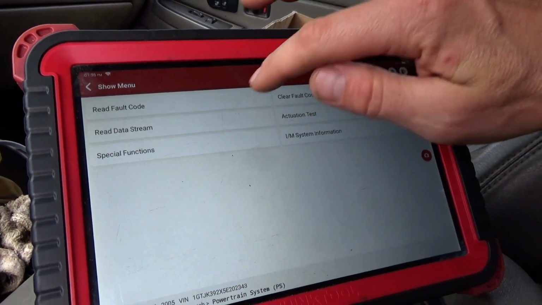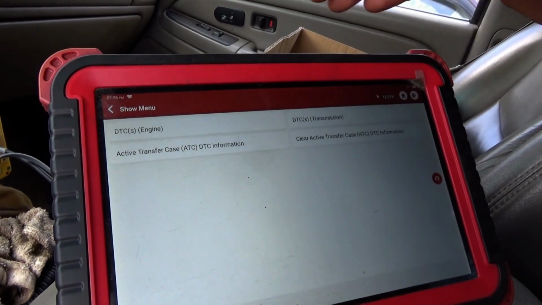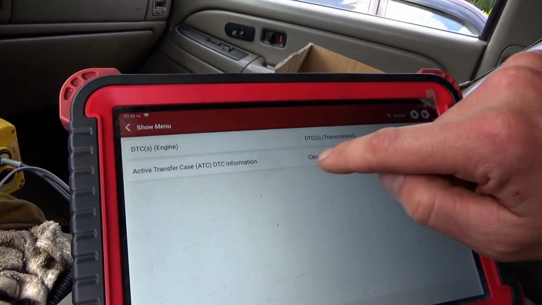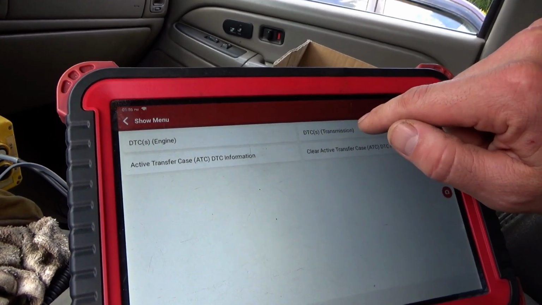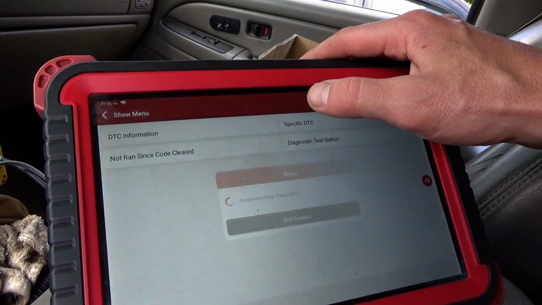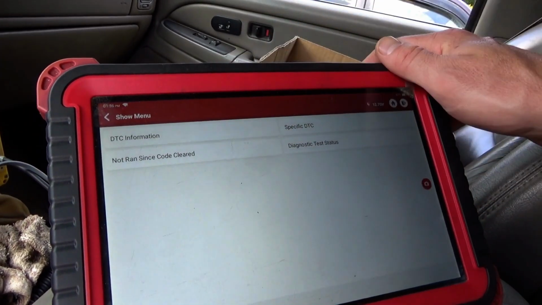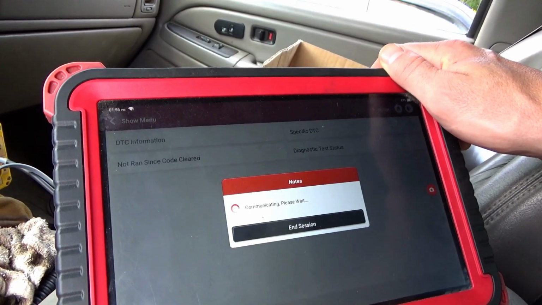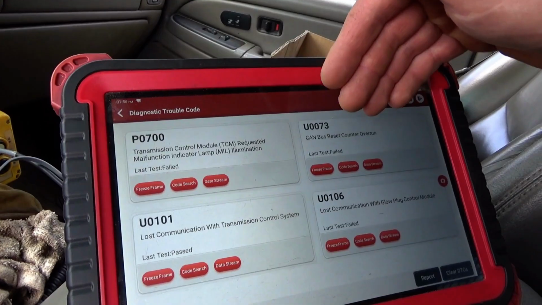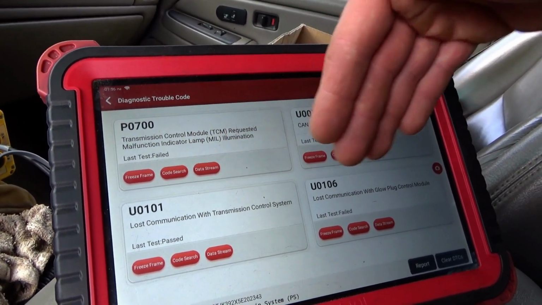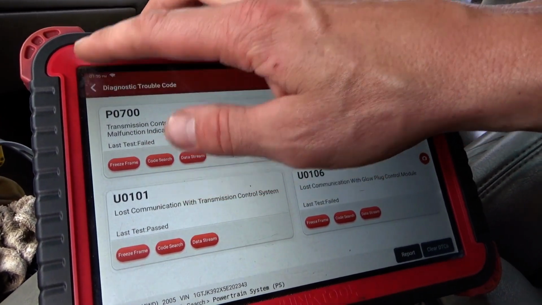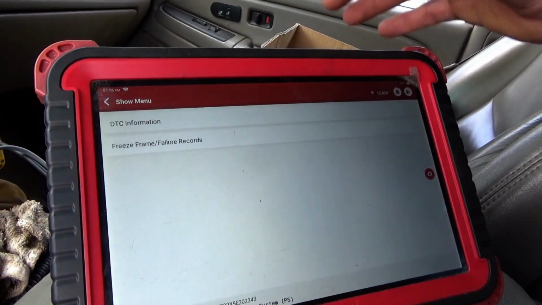Here we go. So read fault code, and we can read codes from engine, transmission, active transfer case. So let's try engine. DTC information. So it says P0700, U0073, U0101, and U0106. Okay. Let's read the transmission trouble code.